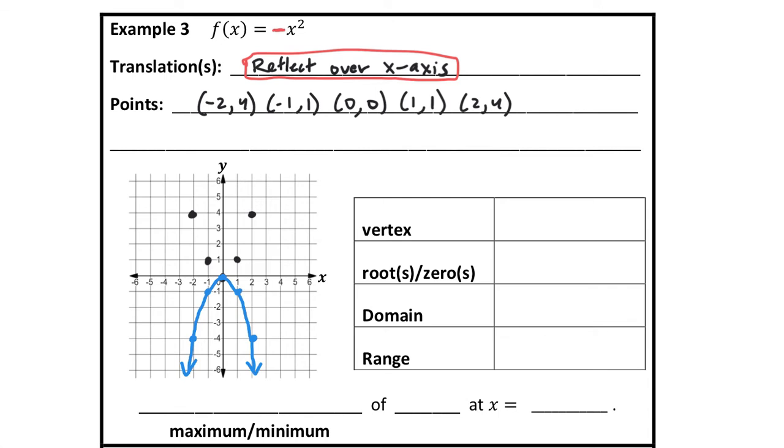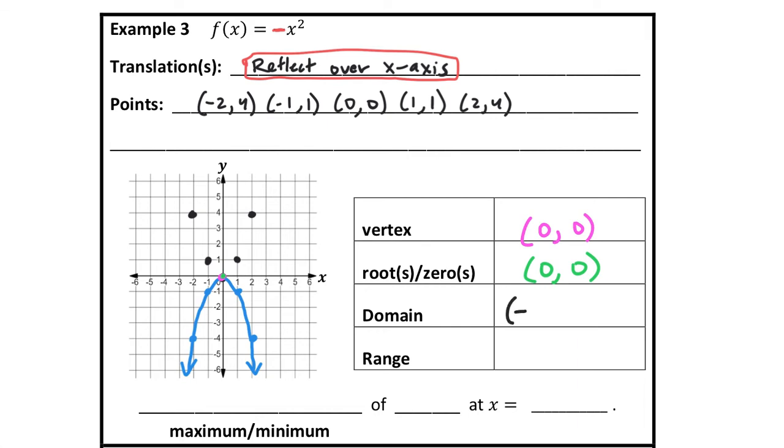Okay, and then the vertex is at 0, 0 actually, and the x-intercept is at 0, 0, same location.